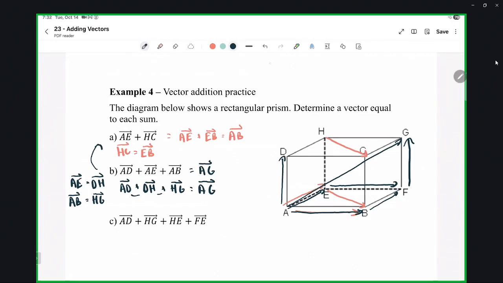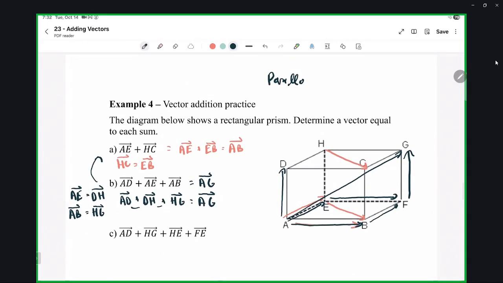So here it seems to make sense to either use the parallelogram law of vectors, or we can use equal vectors. Both of these are valid methods with respect to simplifying these.